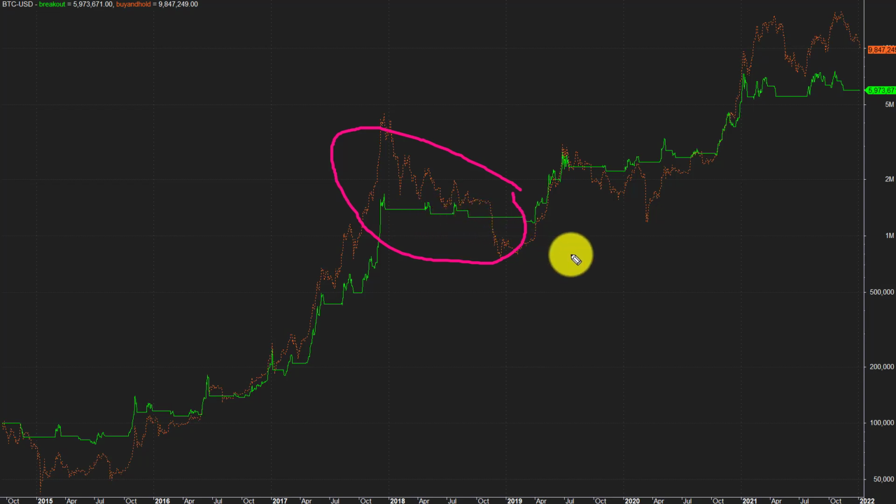And that may initially seem like a bad thing, but in reality it isn't, because if we look at what the orange line is doing, which is the buy and hold of Bitcoin, we can see that there was a huge drawdown during this period of time. I think this was around 80%. And so it turns out that the fact that the strategy is sideways, i.e. it's not really holding any positions, is actually paying off in the long term.